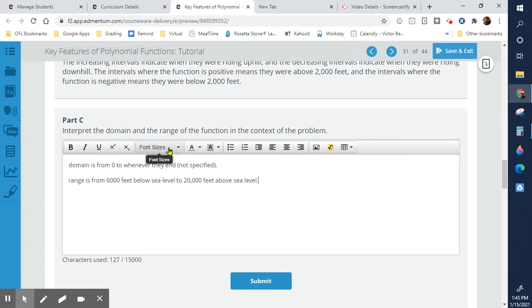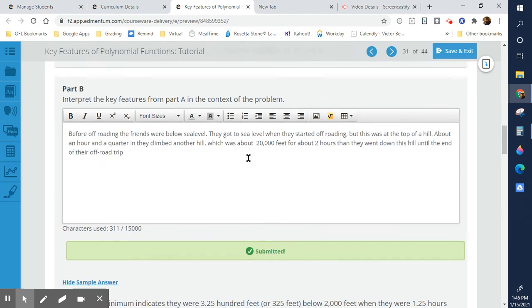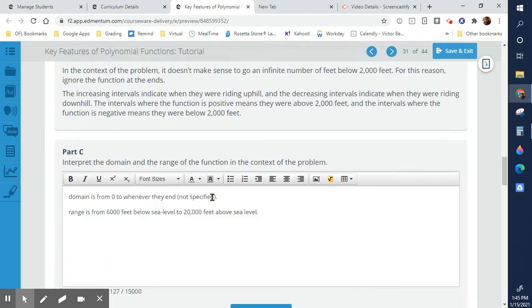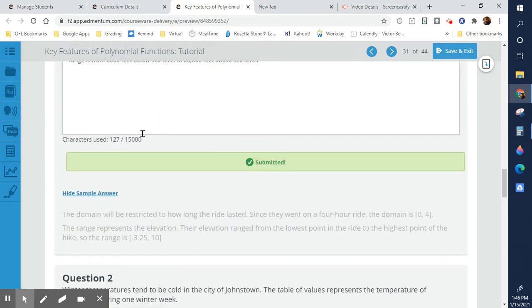So that's how you would describe your domain and range for the problem. The reason why I say this is obviously they're not going to go down until forever. It's just until they stop.